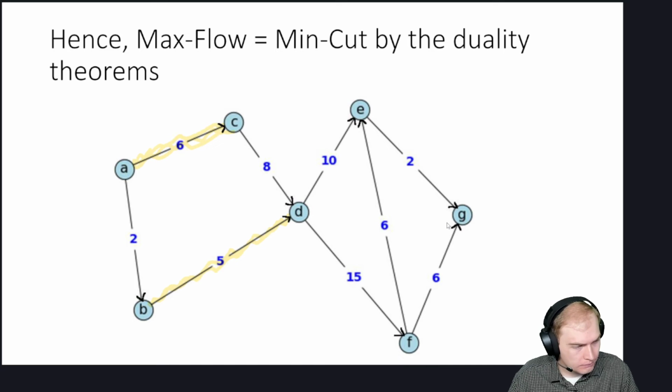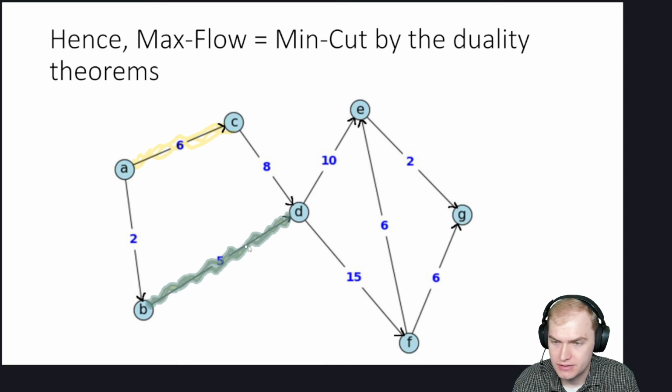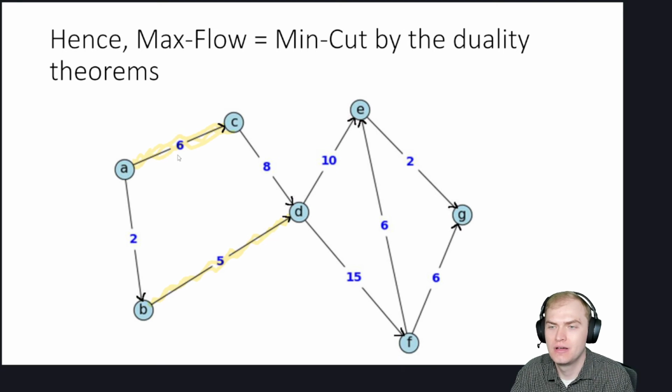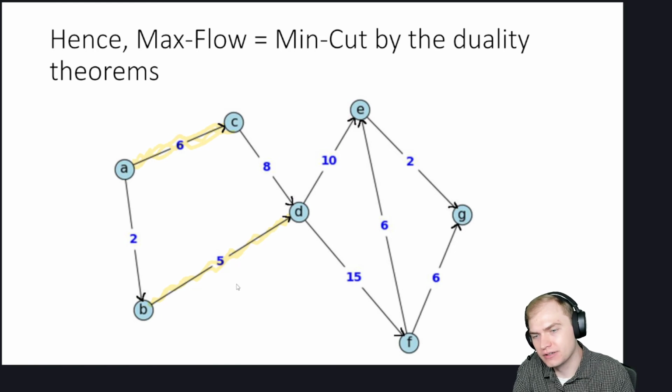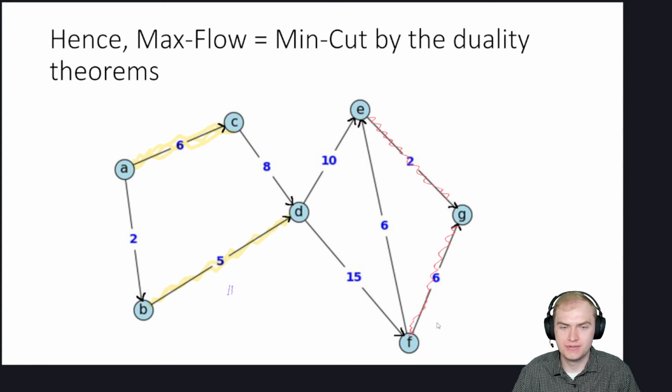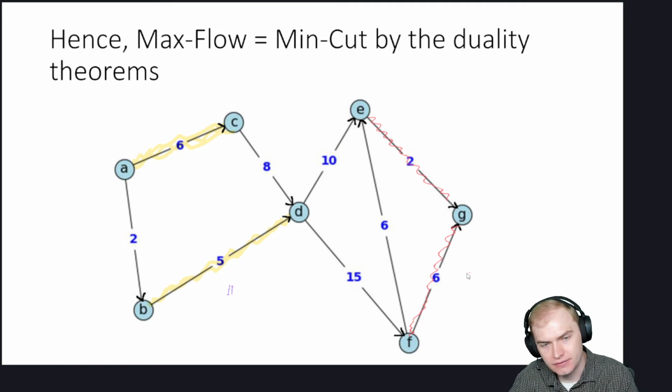What I want to show here is that the cut I just selected has a capacity of 11. So we found one that has a capacity of 11. But there are more cuts here. We could pick these two. That has a capacity of 8.